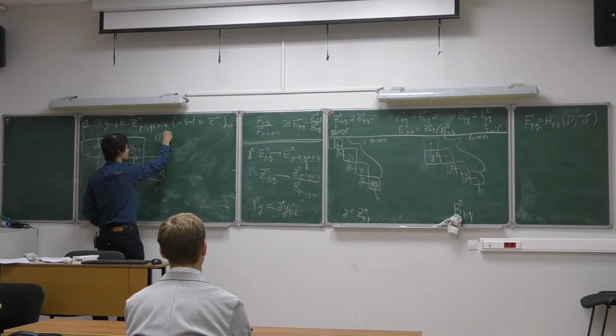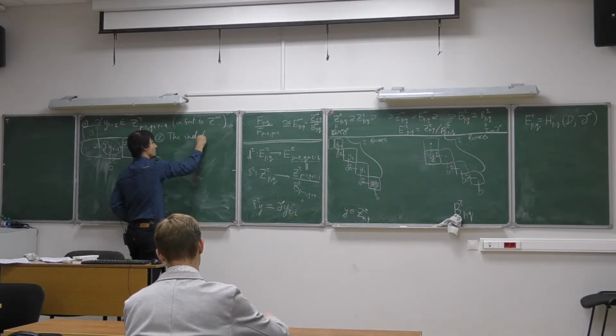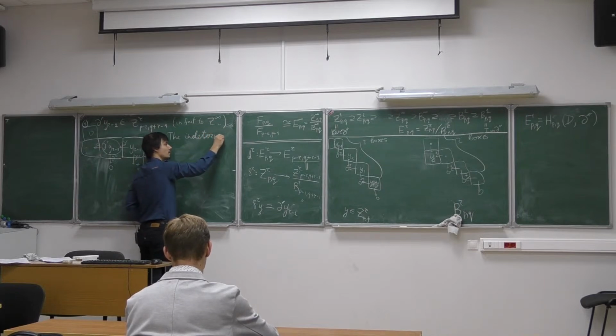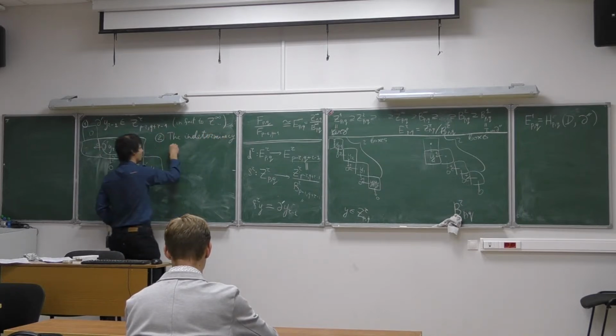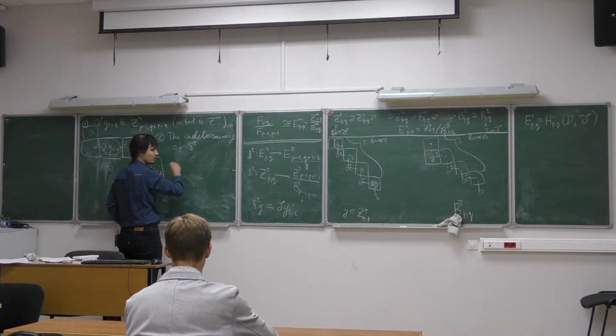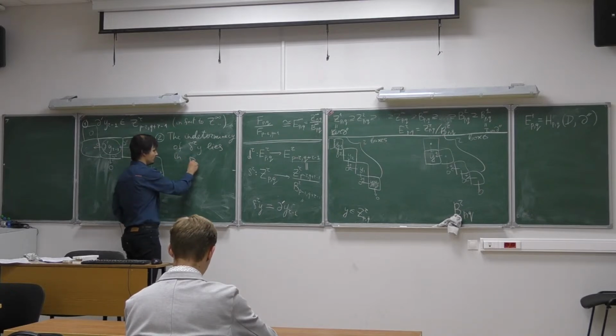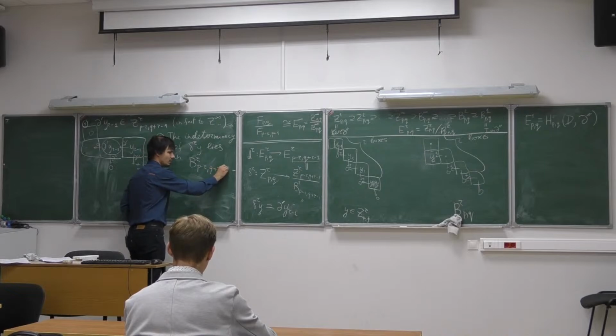So let's fix this. The indeterminacy of delta r of y lies in B with these parameters.